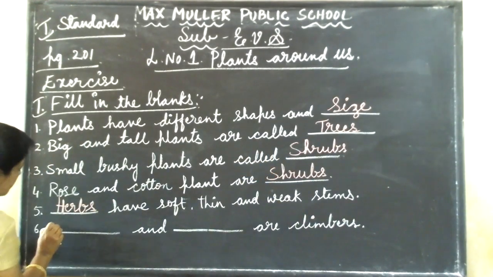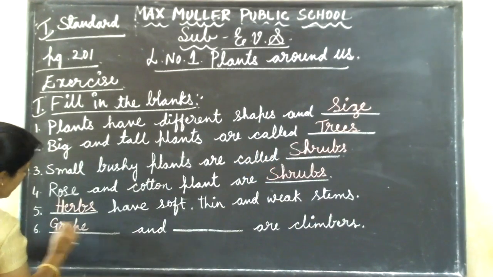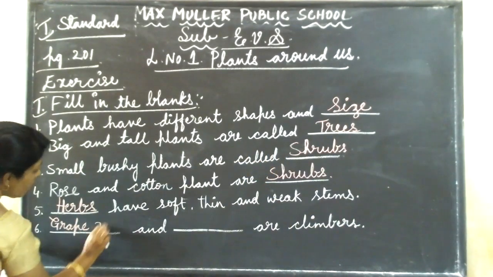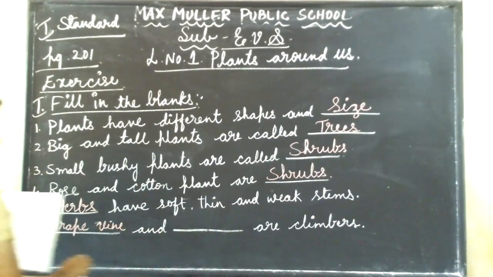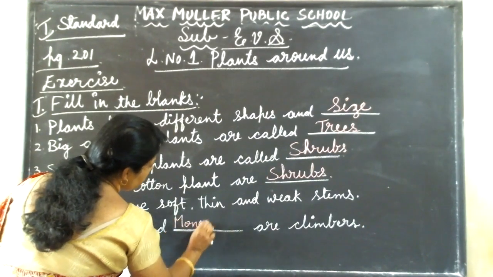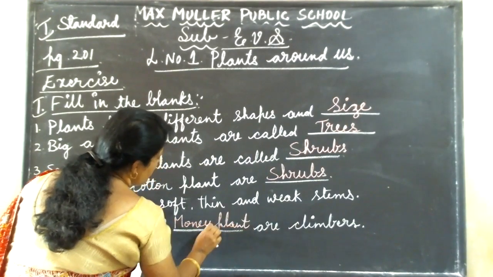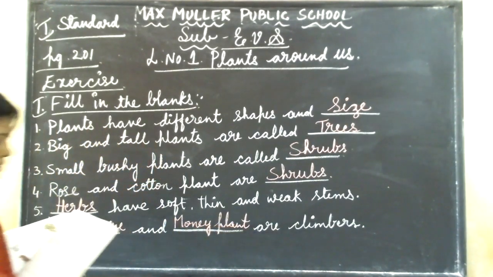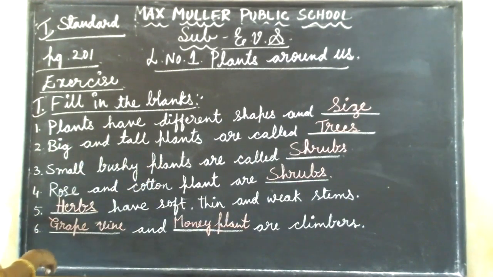Yes, that is grapevine and money plant. Grapevine and money plant are examples of climbers. Okay, see.